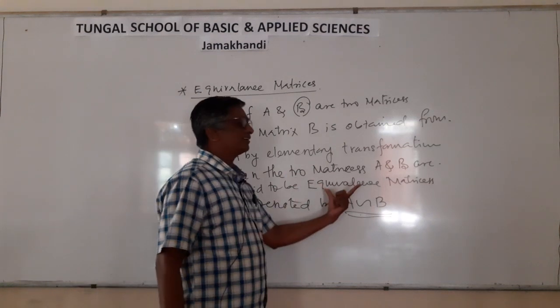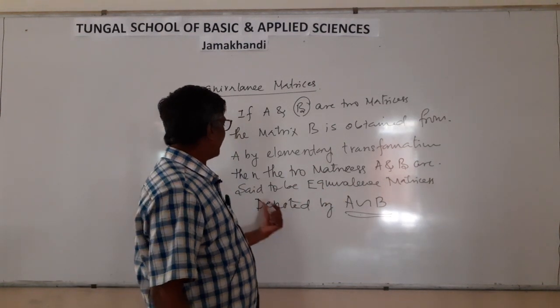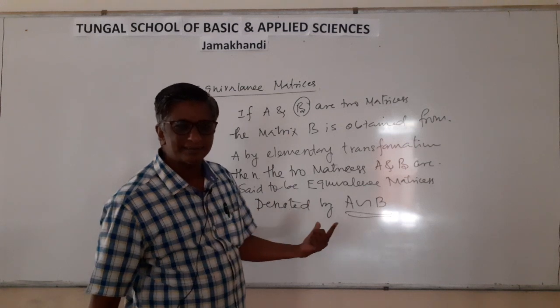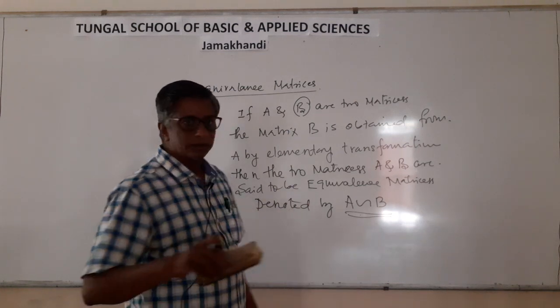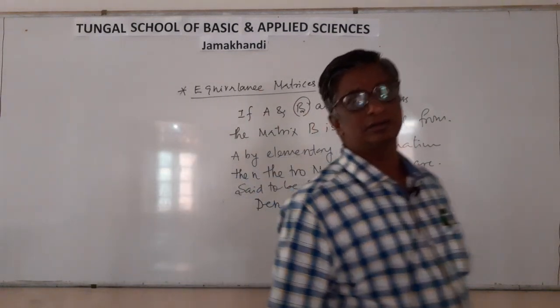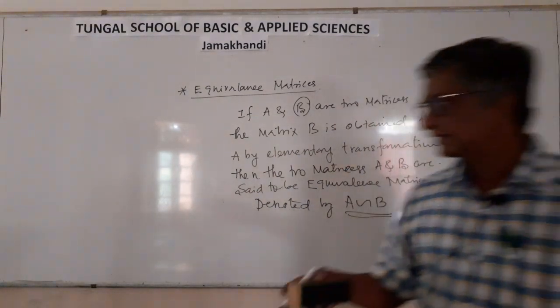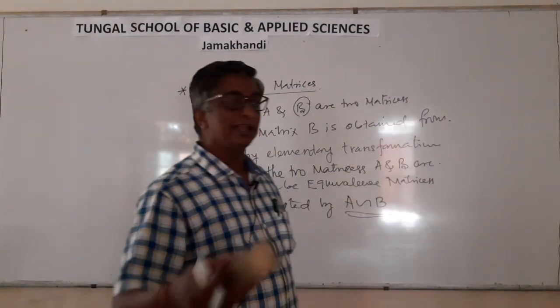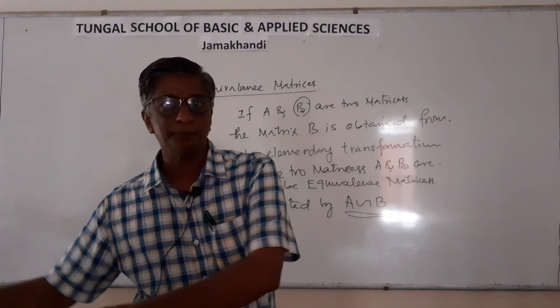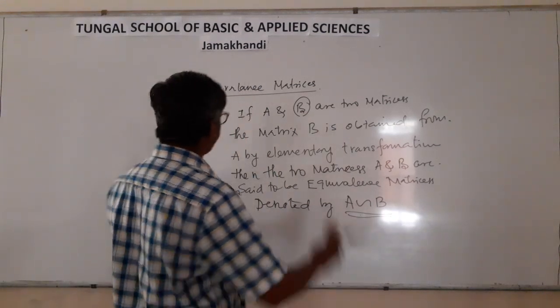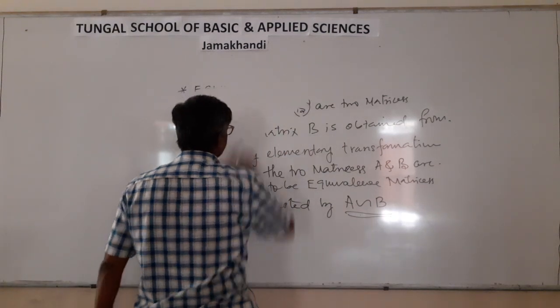Then the two matrices A and B are said to be equivalent matrices. How to convert A to B we can study in detail after the completion of types of matrices. Okay.